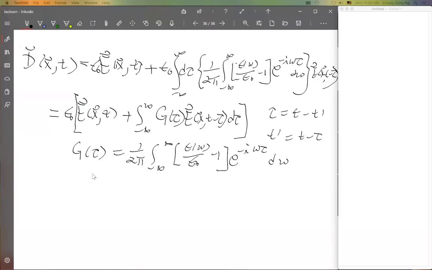It expresses g as a Fourier transform of this function, except you have 1/2 pi instead of 1 over the square root of 2 pi. But otherwise, it's similar to a Fourier transform of this function. Anyway, this is how we transform this into g.